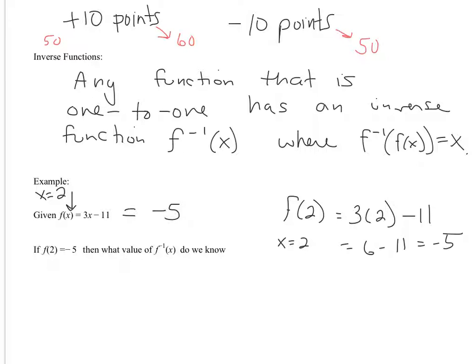What I know about the inverse function is that if I put in the output value, negative 5, I should get back to where I started, which was 2. So this function plugs 2 in and gets negative 5, and the inverse function takes negative 5, plugs it in, and gets 2. Together, they get you right back to where you started from.